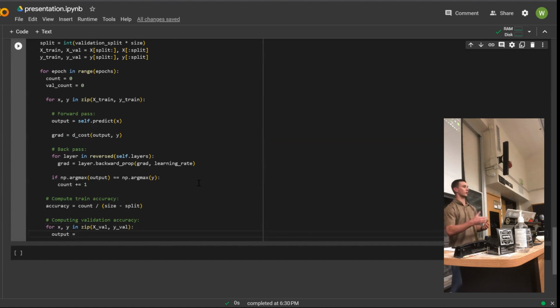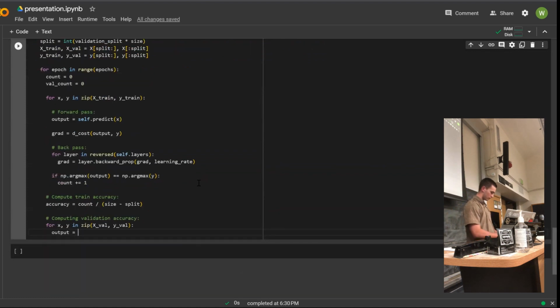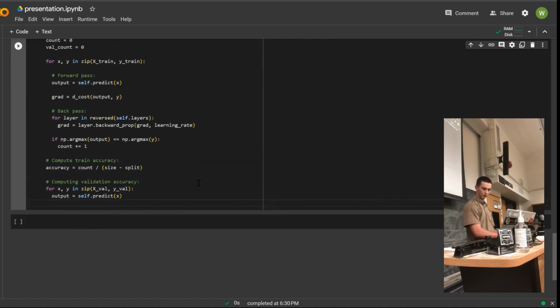So it tells us, like, along the way, if our validation is starting to diverge from our training accuracy, then that gives us information like, okay, maybe around epoch 15, we're starting to overfit the model. We reserve the test set for the very end. That's going to be data that it's never seen before. And then we can kind of evaluate our overall accuracy after training. Okay, so this is for our validation accuracy.